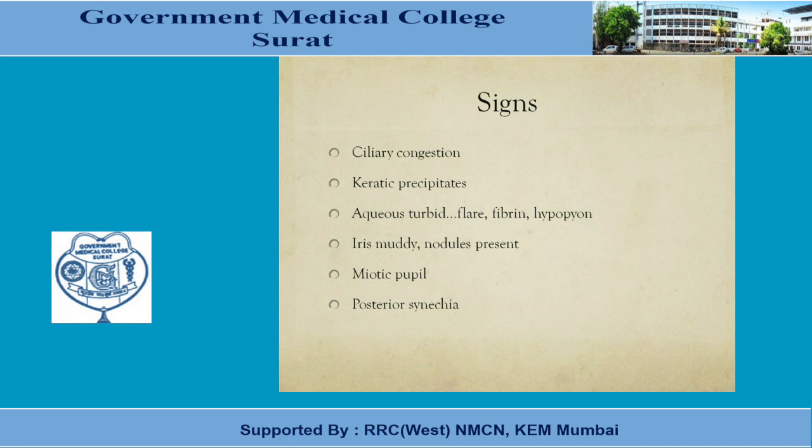Because there is a convection current, the atmosphere is cooler than inside, so the current is like this. While going like this, they will get adhered to the endothelium. Keratic word is used for cornea. Keratitis is inflammation of cornea. So keratic precipitates are inflammatory cells stuck onto the endothelium. Okay, so that's another sign.